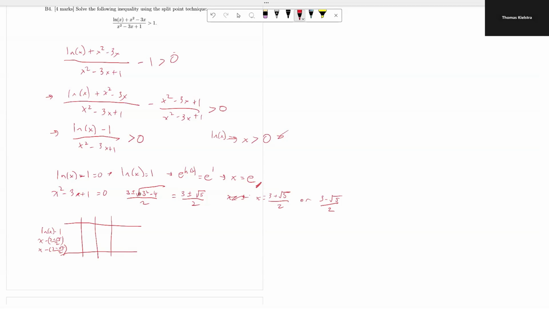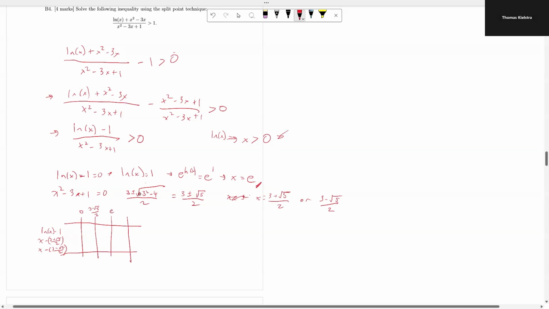I'd make it nicer, but we can do the same approach with our ugly numbers. And now I'm going to add one more point, my 0, my (3 minus root 5) over 2, and then I have e and (3 plus root 5) over 2. And here, I don't even know what's bigger, e or (3 plus root 5) over 2. Because I have to look it up right now, it's absolutely not something I would put on a test.